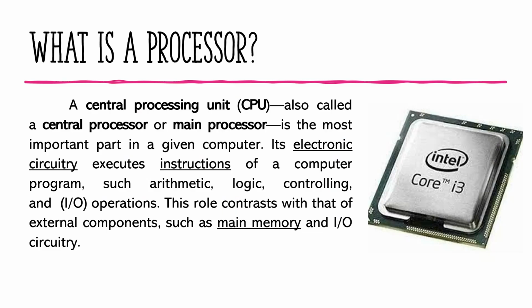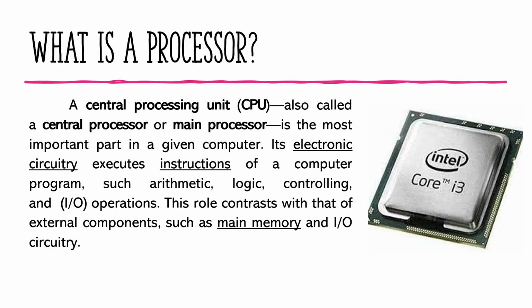Obviously we're dealing with microprocessors, so we have to know what a processor is. Well, a CPU, also known as central processor or main processor, is the most important part in a given electronic computer.